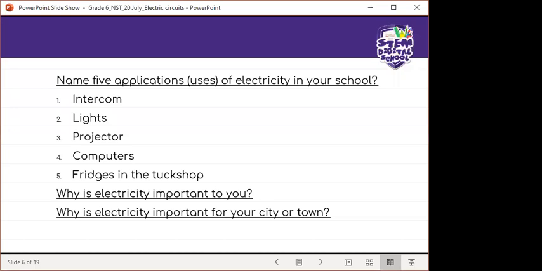And if we don't have electricity in an area, then the robots are down and traffic just becomes slow and it becomes a nightmare. I'm sure you guys have experienced that while we had load shedding, probably after school, etc. Okay, awesome. And then my last question, why is electricity important for your country?